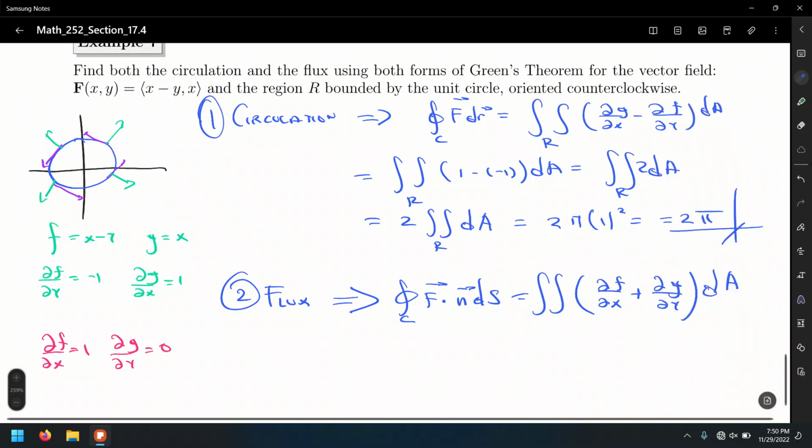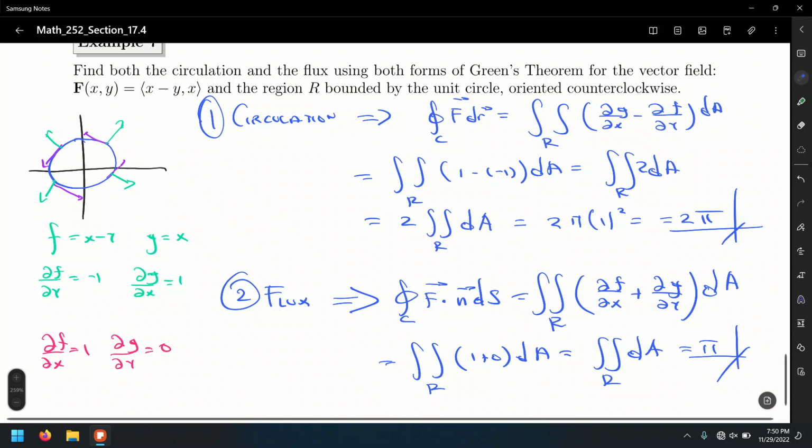So that's going to be the double integral over R of 1 plus 0 dA, and that's simply the double integral dA over R. And it's the unit circle. What's the area of the unit circle?